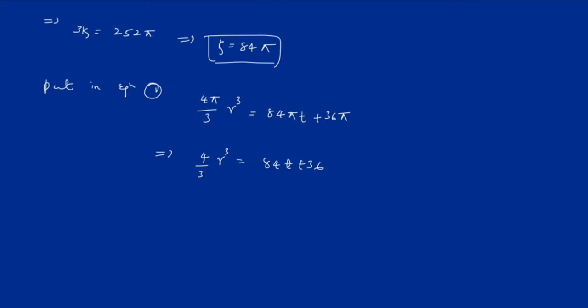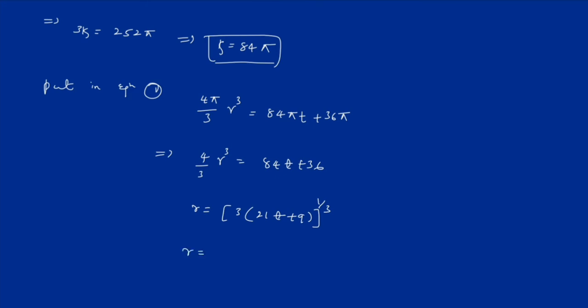Taking pi common, it cancels here. So r equals finally 3 times (21t plus 9) to the power 1 by 3, right? Can we write it like this?